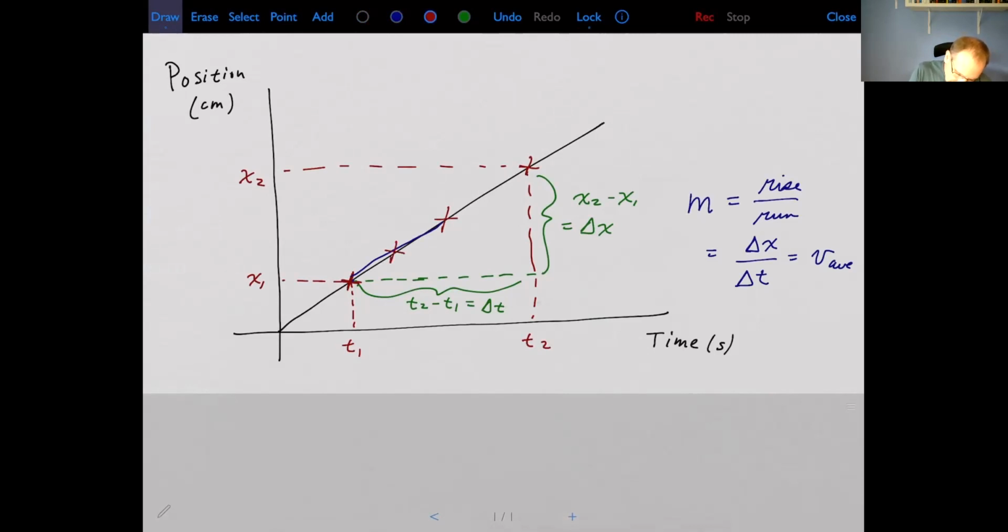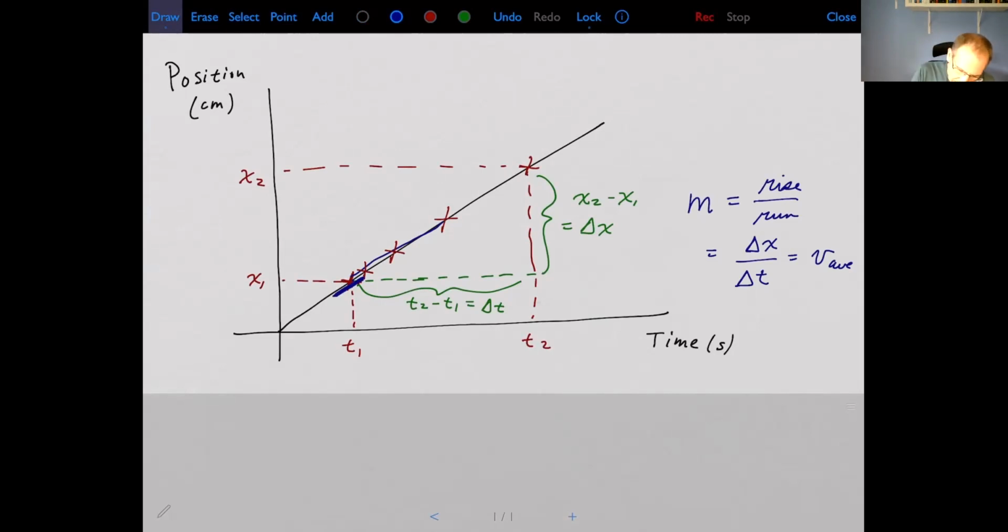And when you get closer and closer to t1, you're moving t2 closer and closer to t1. It turns out that the slope of that line is going to approximate the slope of a tangent line, which just touches the graph at that point at t1. So basically, ultimately, I'm going to get the slope of this line right here in blue. That's going to be the instantaneous velocity at that time t1: the slope of that blue line.